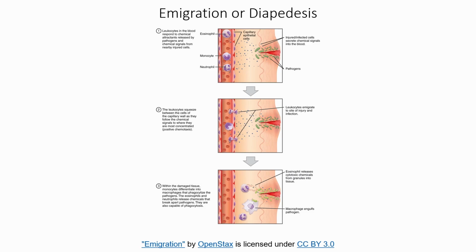We're not going to get into the details of this because that's more physiology, but there's a chemical signal sent out that is going to basically attract the white blood cells, and they're going to push their way through and squeeze between the cells that make up the capillary wall. So this is going to happen if we have some sort of injury, like a cut or a scrape, something like that, right?